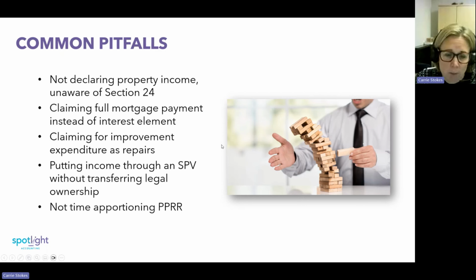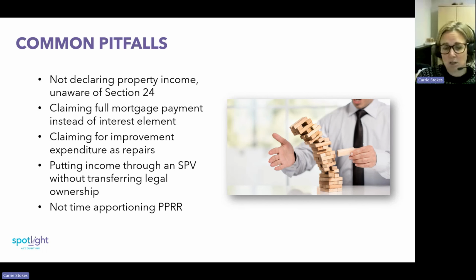The other common pitfall, when disposing of a property that you've lived in, is not time apportioning your principal private residence relief. For example, if you had a property that you lived in and you moved up the ladder, as you do, and then moved out and rented it for 15, 20 years, a common question we get is, well, because I lived in it at one time, don't I get principal private residence relief?